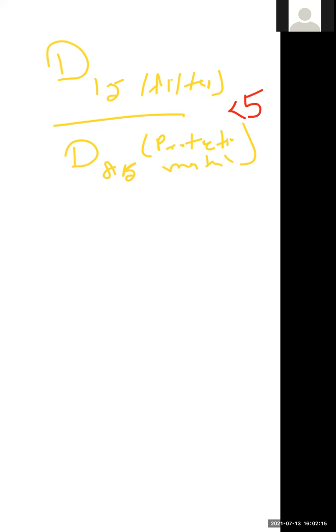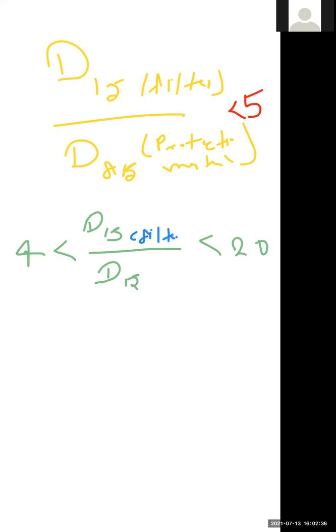The second condition is 4 less than D15 of filter divided by D15 of protective material, which should be less than 20. This D15 is for filter and this is for protective material. This is the second condition.